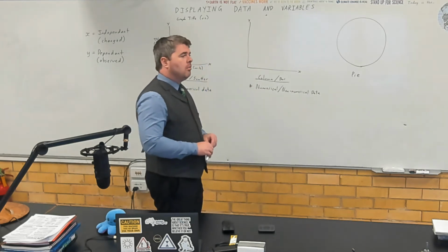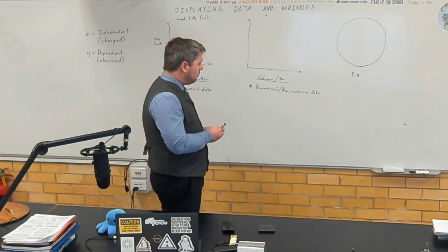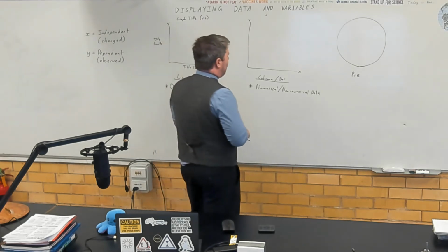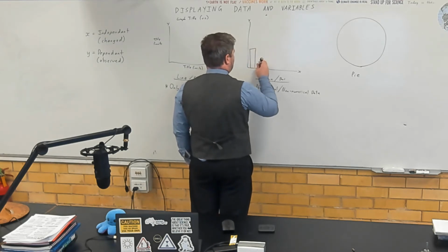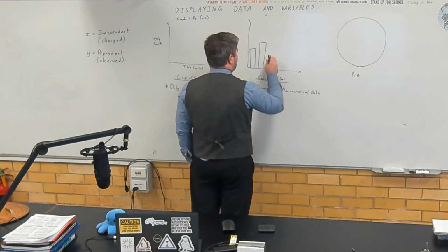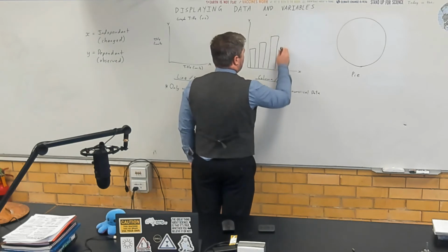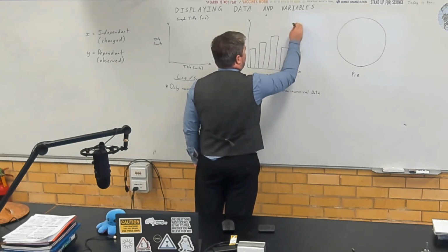Now, depending upon which way you look at it, more often than not, column graphs go like this, and so on and so forth.